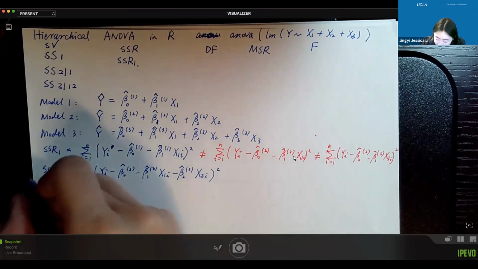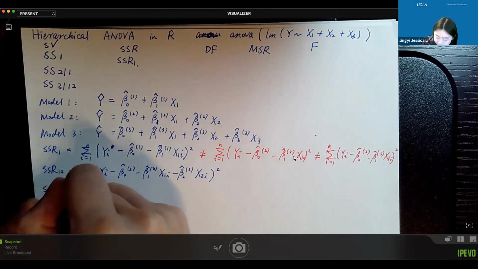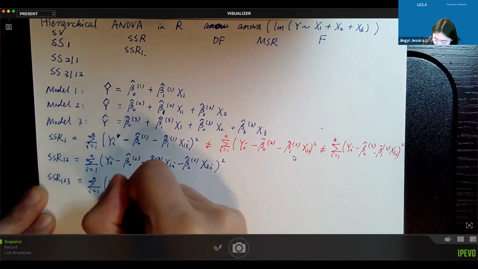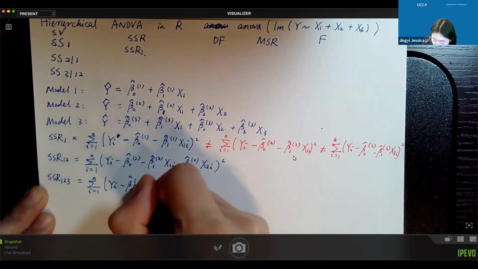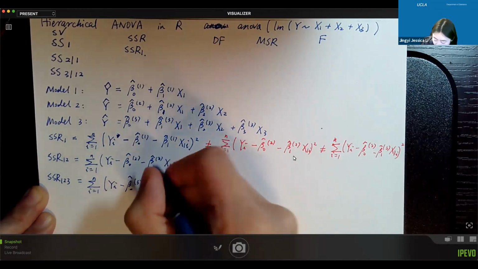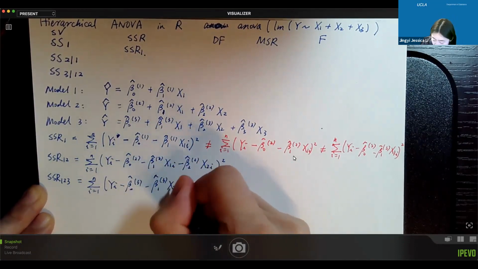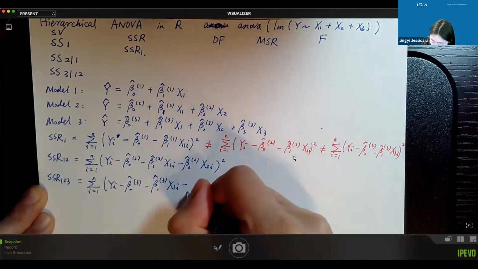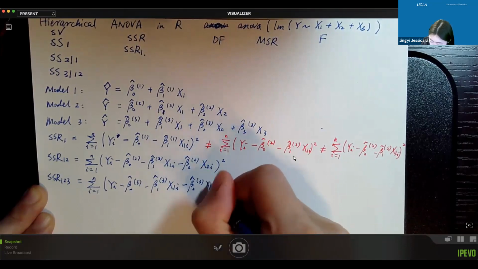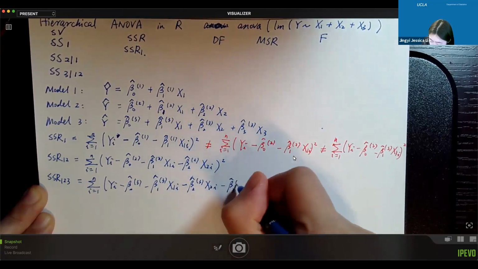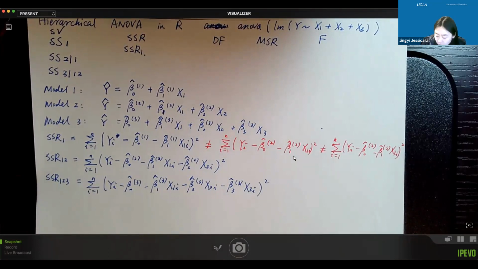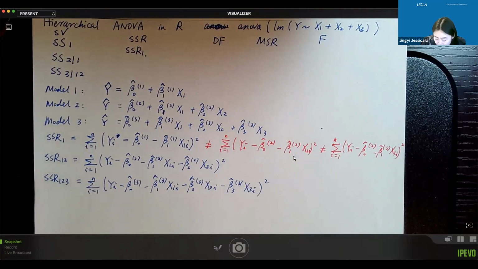So then finally, SSR1,2,3 is the sum over i from 1 to n of yi minus beta 0 hat 3 minus beta 1 hat 3 x1i minus beta 2 hat 3 x2i minus beta 3 hat 3 x3i, squared.